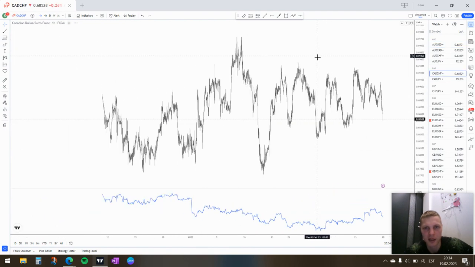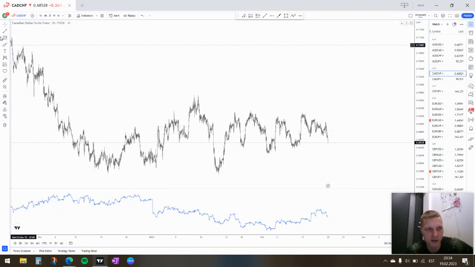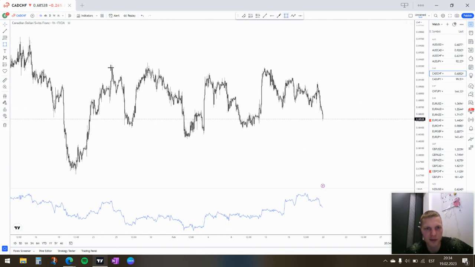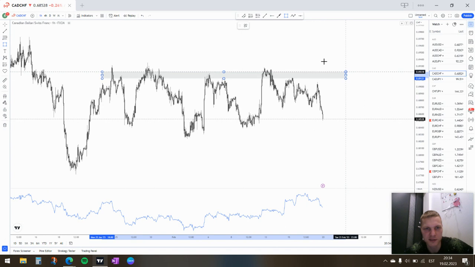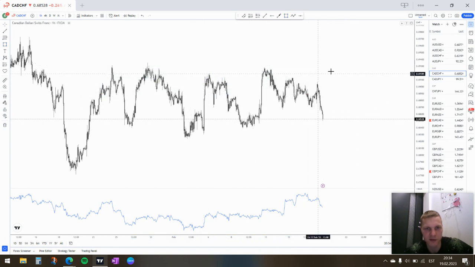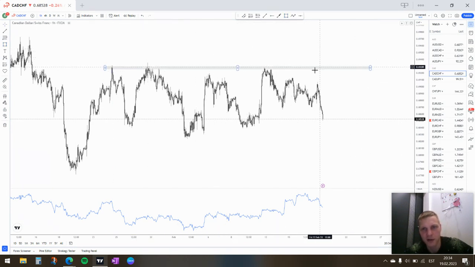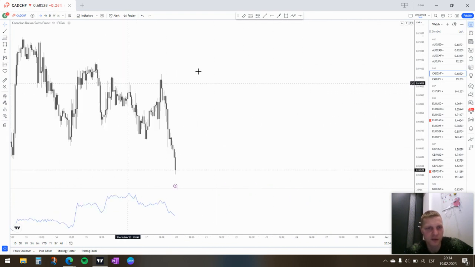So we are ranging on CAD CHF, right? And all of this here is an area of resistance for me. Yes, there's an extreme high here. Yes, you can wait until price gets down here, up here. But checking this zone here, it's also an H1 resistance, a small resistance, right?